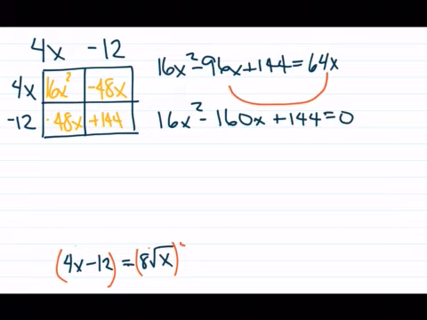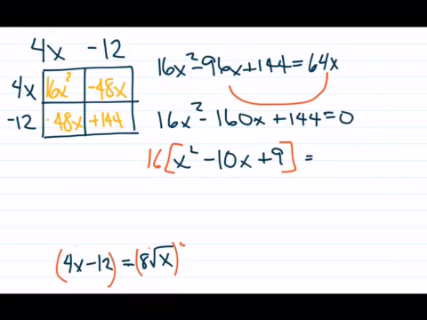Numbers are getting pretty big, but it's still factorable. Just like we normally would, we get it all equal to 0, and then we factor it. I can take out a 16 out of everything, and that'll give me x squared minus 10x plus 9. And then I'm going to divide by 16, and also give me 0 on the right, so 16 goes away.